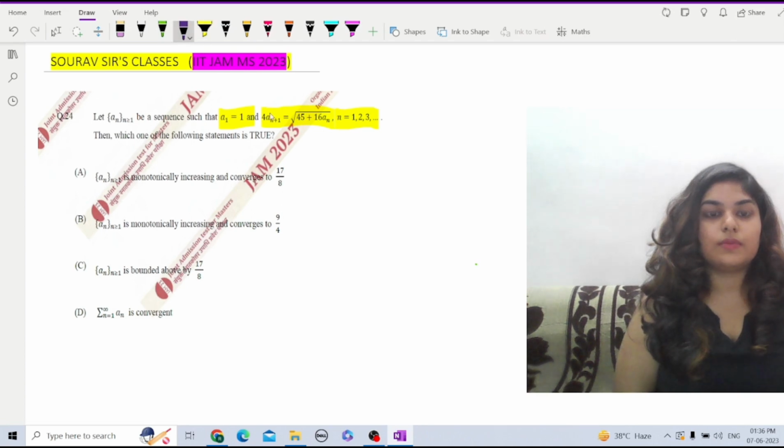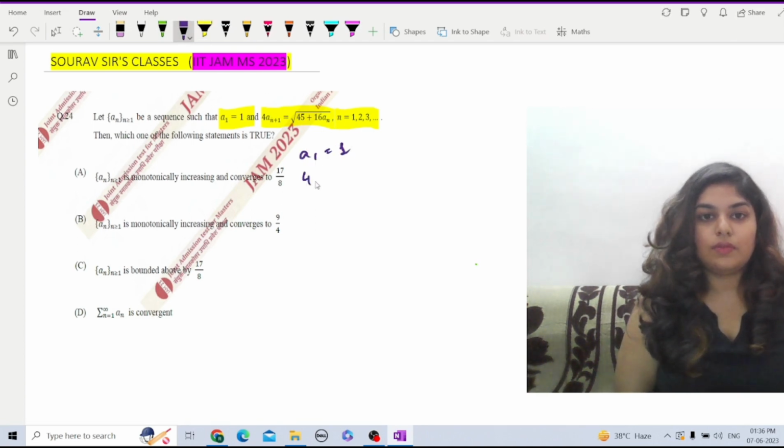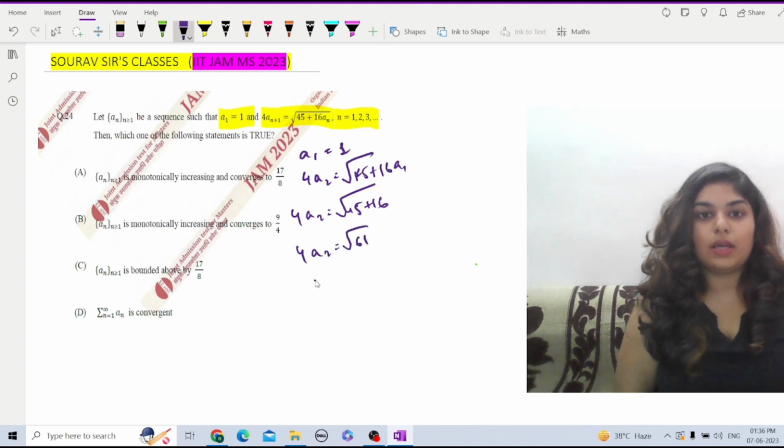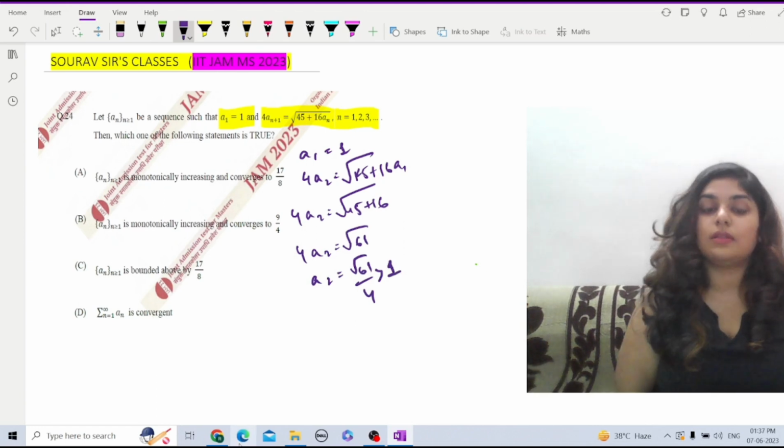Suppose we have a1 is equal to 1. So from here we can write a2 is equal to root over 45 plus 16a1. So 4a2 is equal to root over 45 plus 16. 4a2 is equal to root over 61. So a2 is equal to root 61 by 4, and this is definitely greater than 1.